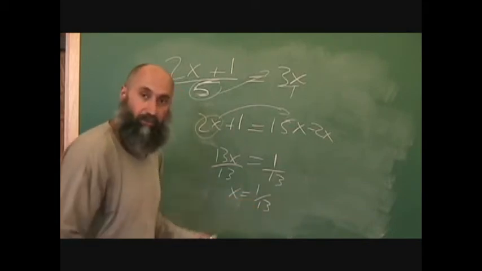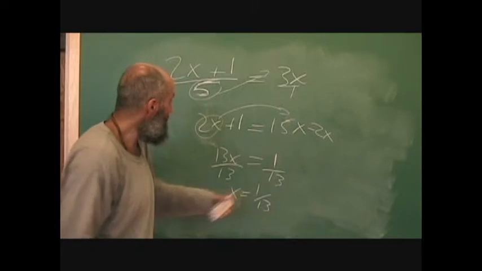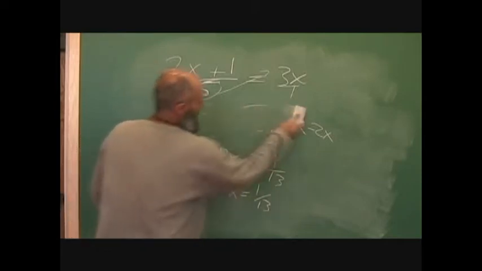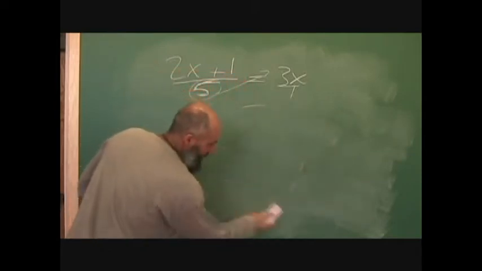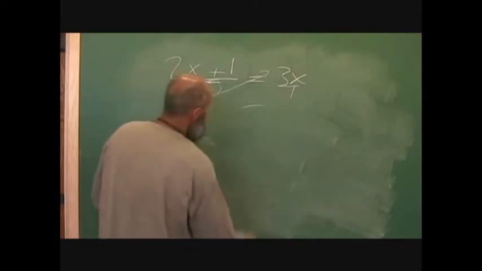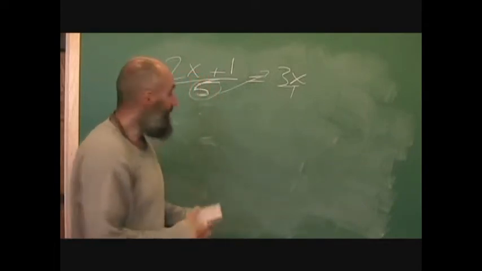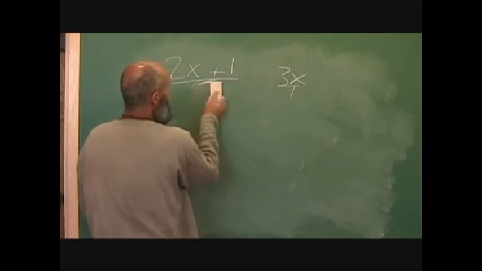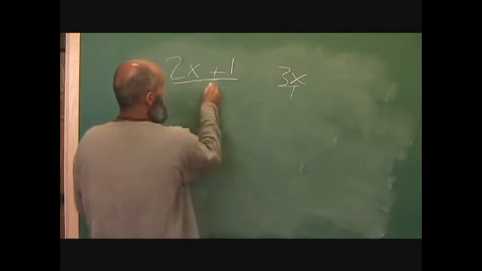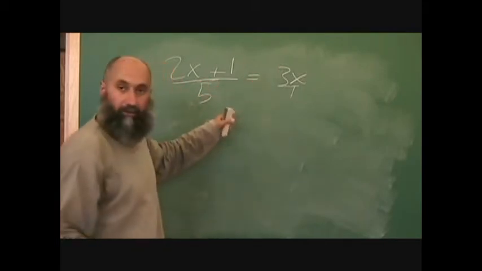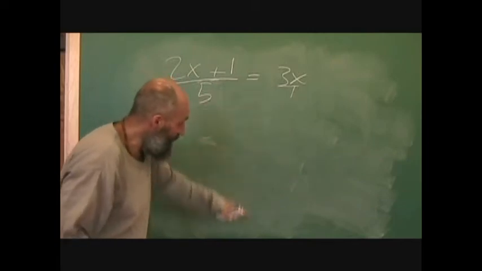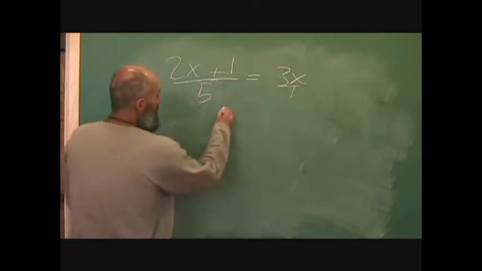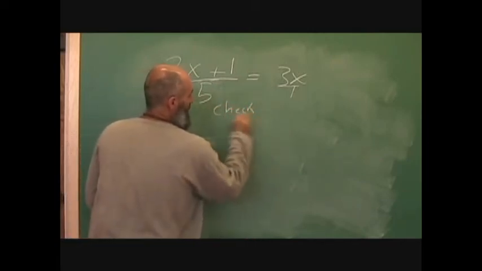If they asked you to check this solution, what you would do is, let's erase this part. So x is equal to 1 over 13, that's our solution. And if they ask you to check this equation, you would go back to the original, or after you've done the work, so the work would be here, and then below here, you would go check, right?